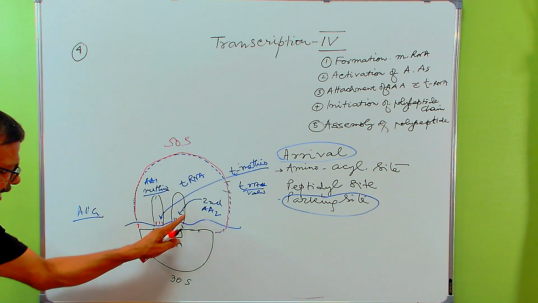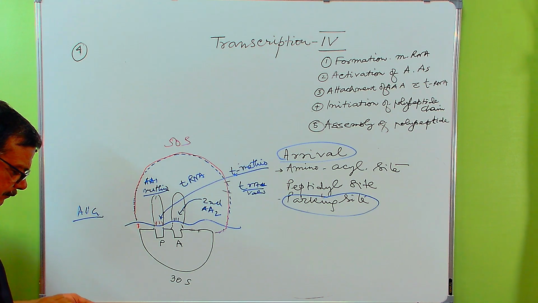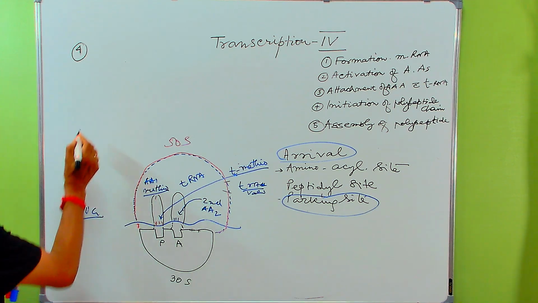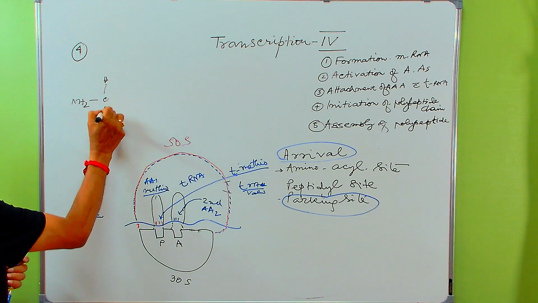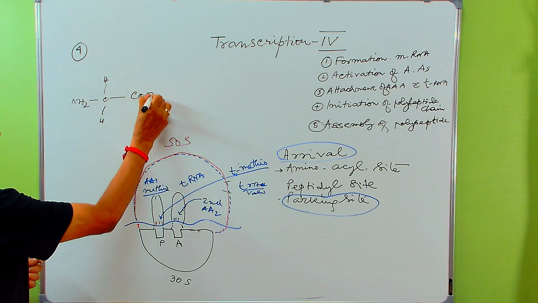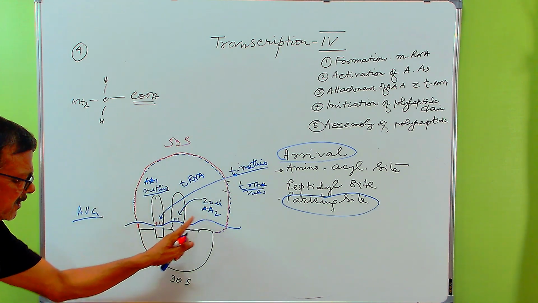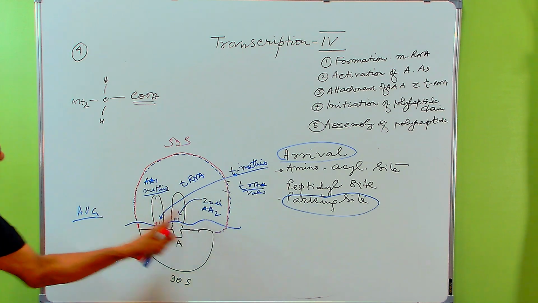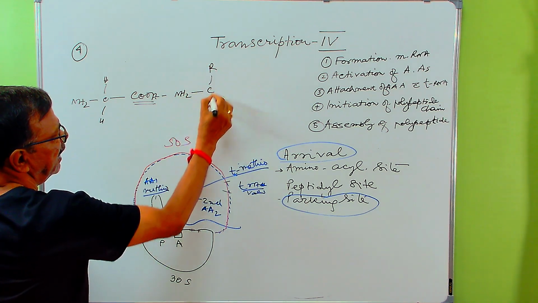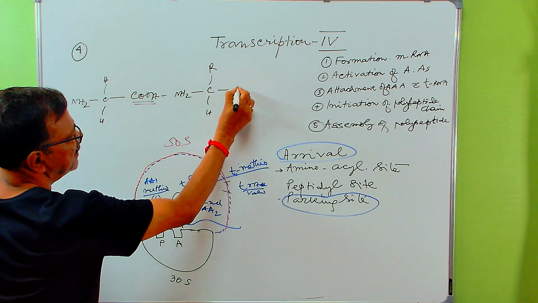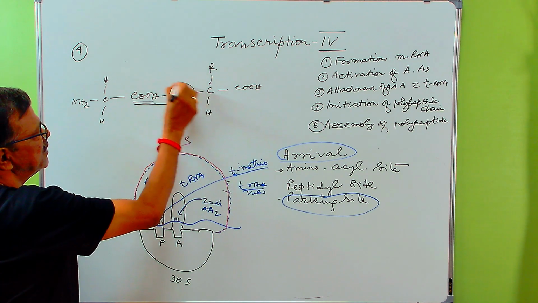In methionine, on one side it is NH2, C, H, COOH. So this methionine will have COOH, and amino acid 2, valine, will have NH2, C, R, H, COOH on the other side. So they will make a CONH bond.